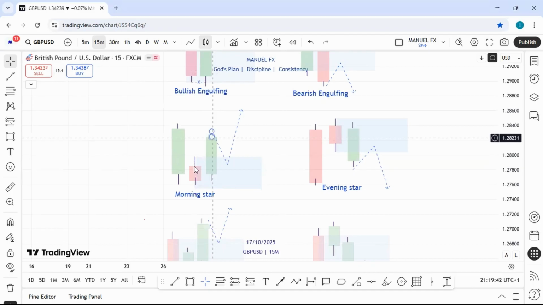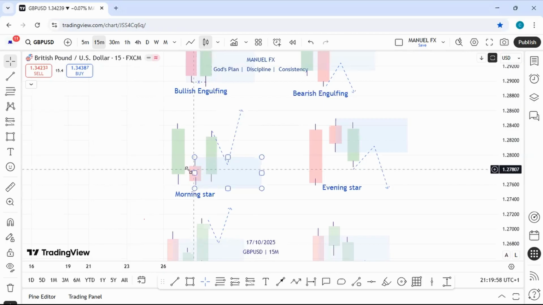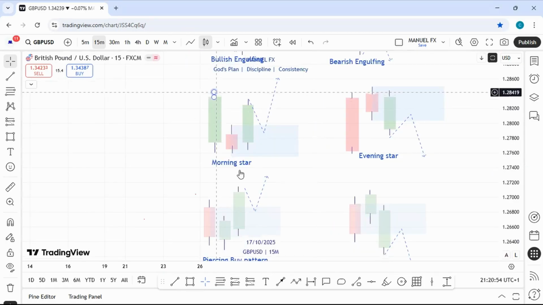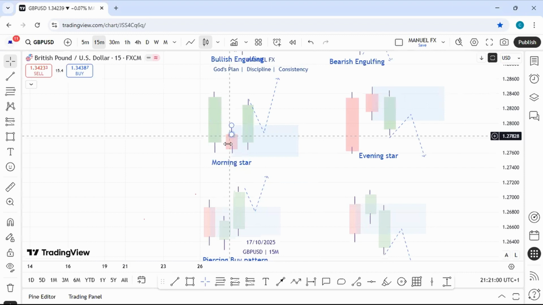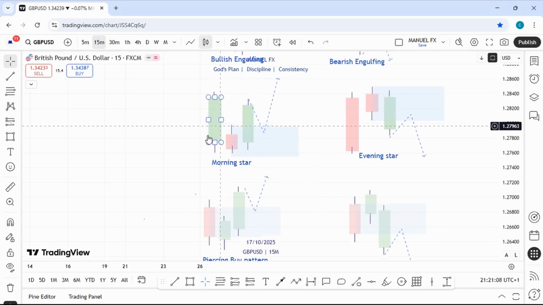This wick should not take out this further low. It should just be like this, not below here. This morning star is where the third candle engulfs the second candle, and then this first one engulfs the other two. So I want to see this candle formation.